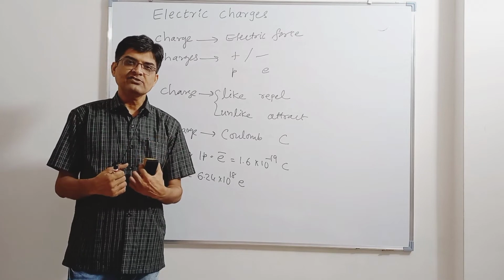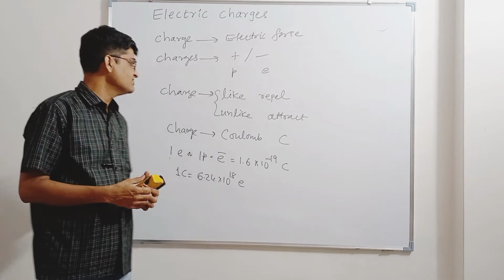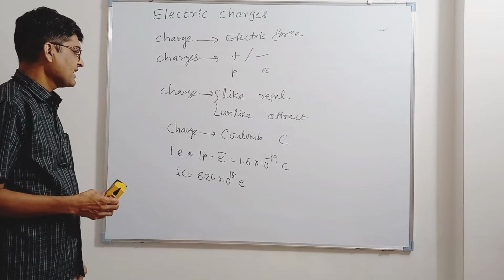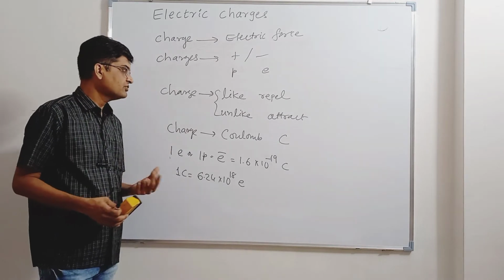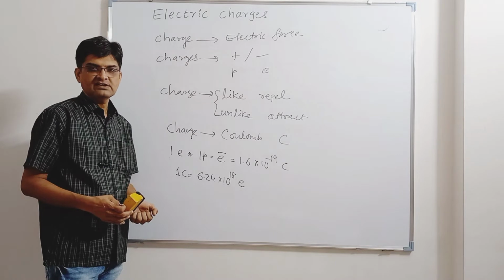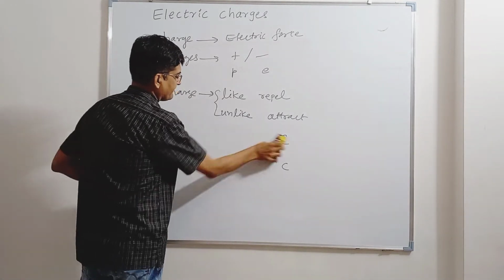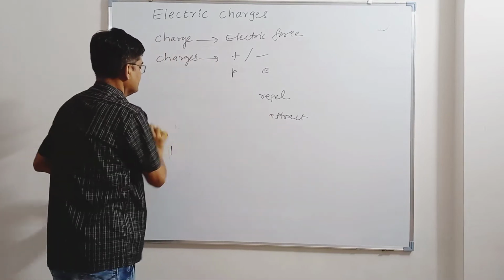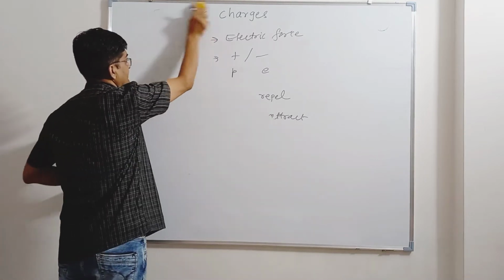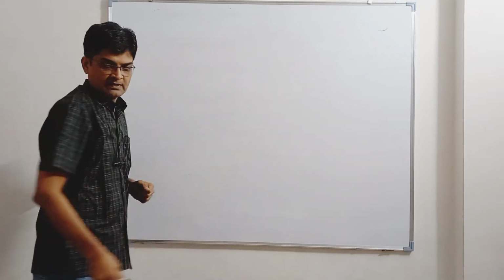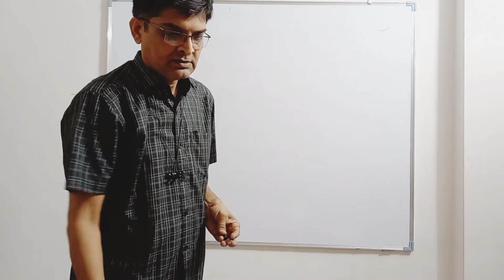When it gains electrons, it is said to be negatively charged. Like charges repel each other, unlike charges attract each other, and the unit is coulomb. That is how the concept of charge goes. Now let's get to the next point.